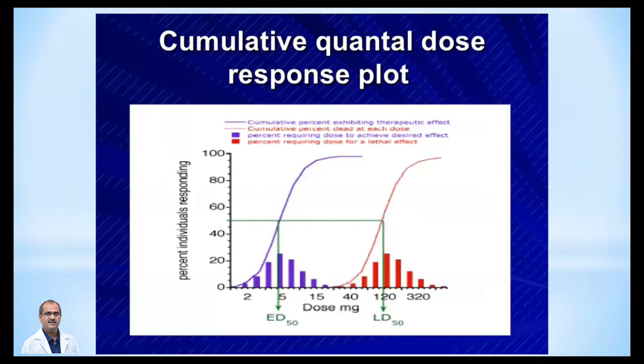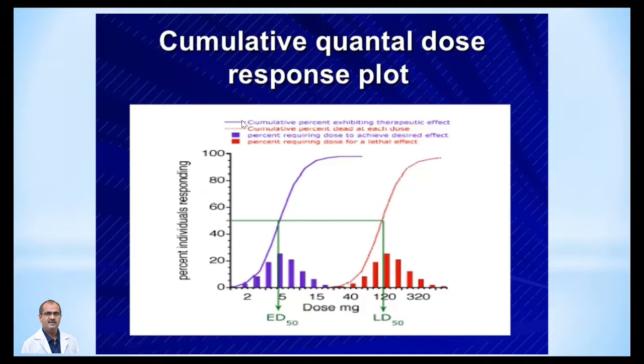And in the cumulative quantal response plot, the difference is the percent of individuals responding. Suppose there are 100 people or 100 rats, and you administer the dose to all of them, and the percent which is responding is known as the quantal response, how much quantity is responding.